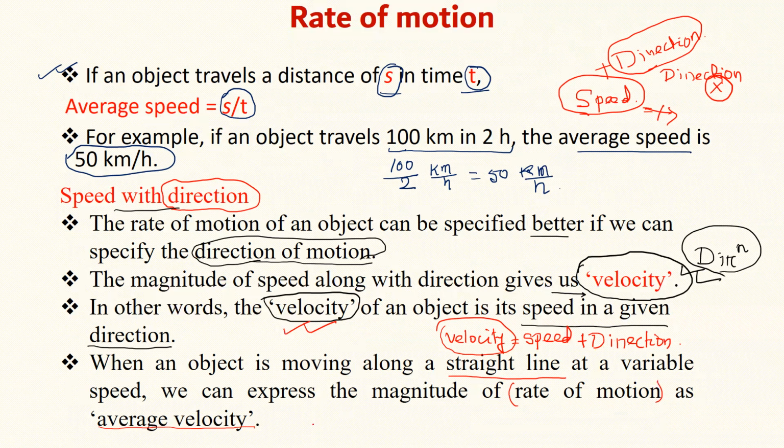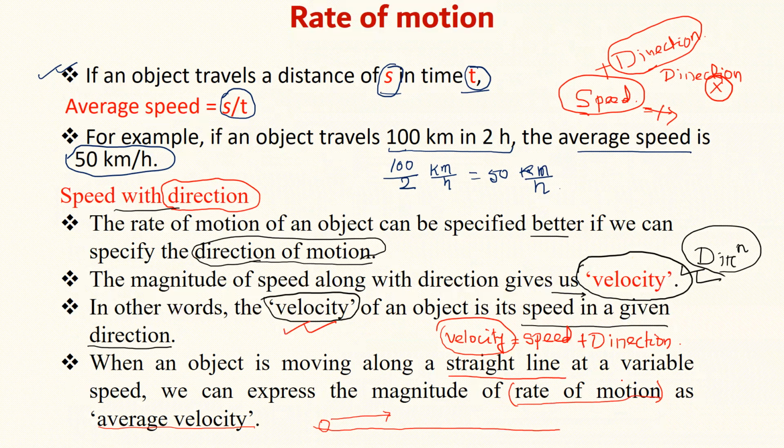Suppose this is a straight line motion and an object is there, suppose a ball. It is moving along a straight line, so it will have an average velocity. The rate of motion of this ball in this particular case will be explained by average velocity.